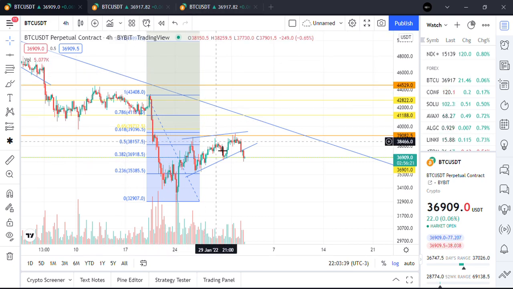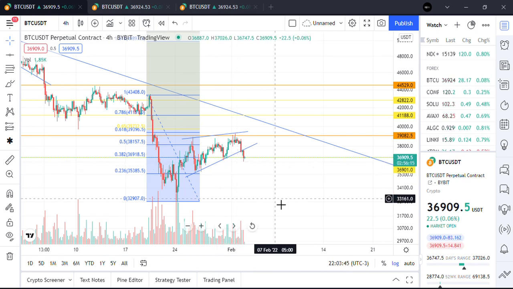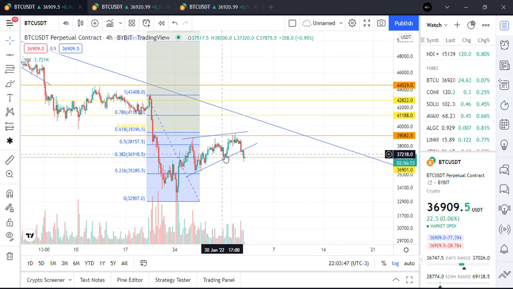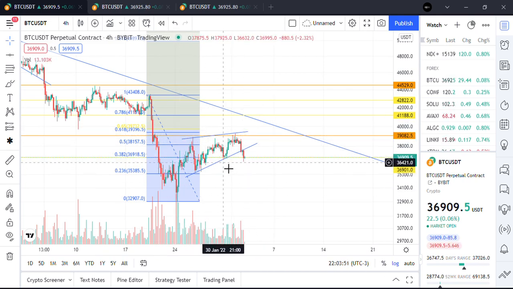Then price could not break above this level, so it's going back downwards. So this is if you draw Fibonacci from the lowest low to the highest level like I did previously.